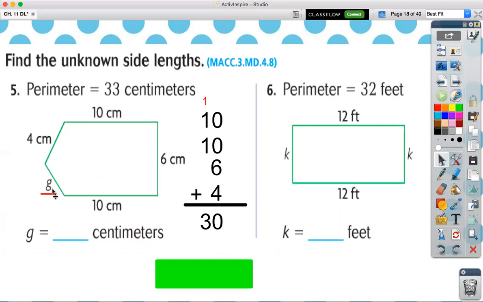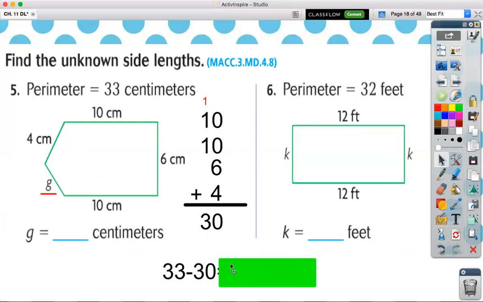We're missing this side and we have to get to 33. So how can we use what we have and the 33 and the 30 to get our missing side? 33 minus 30. What is 33 minus 30?